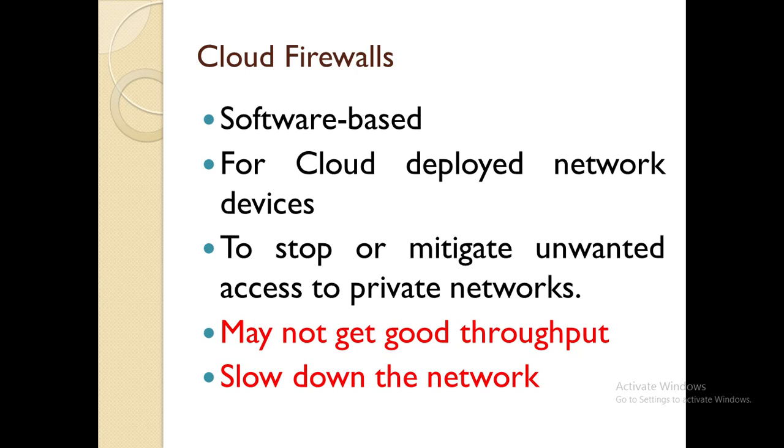Due to the more inspection of traffic in the cloud firewall, the throughput, what we consider as output, is not as fast as we might expect, but still it is better. These firewalls are more secure. They already use encryption, but this is still more beneficial by using this cloud firewall.